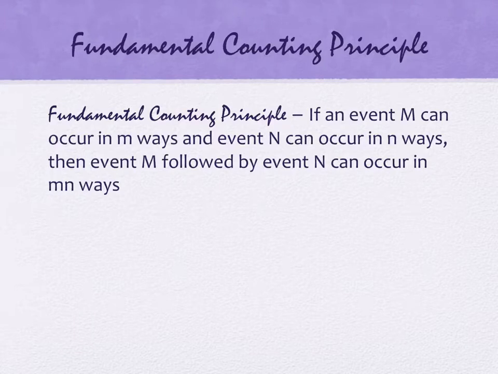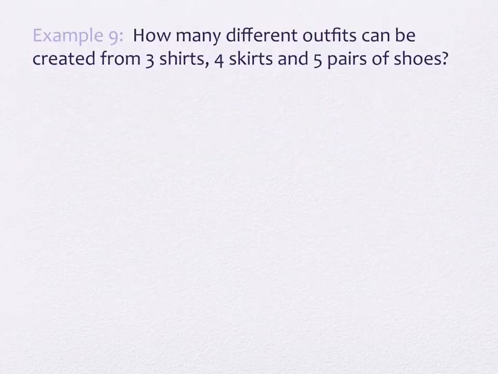So we're going to do an example with clothes because that's a good one to do. How many different outfits, either ignoring that they may not match or saying that they just all do, can be created from 3 shirts, 4 skirts, and 5 pairs of shoes?